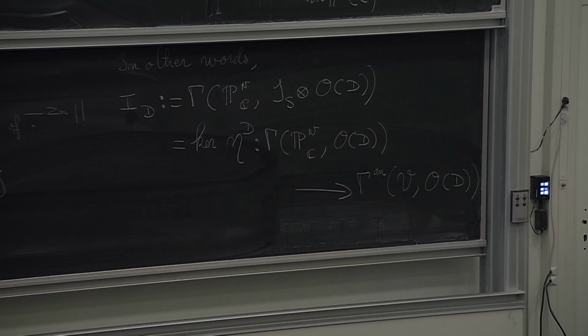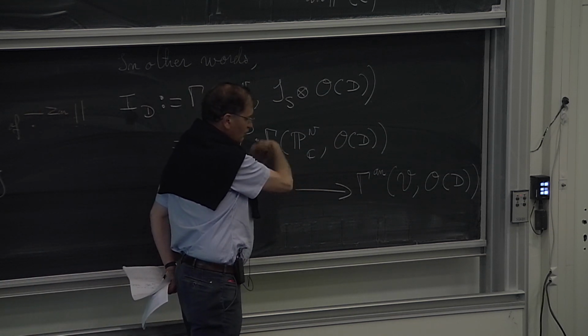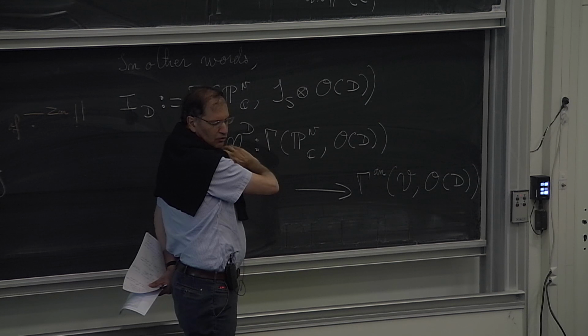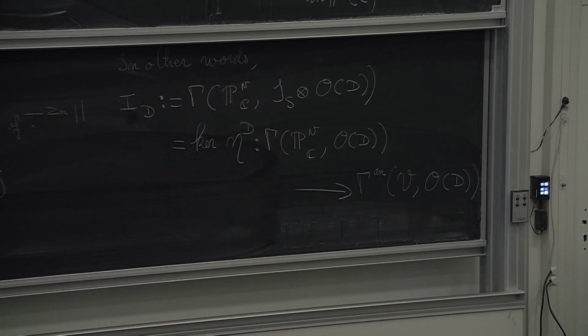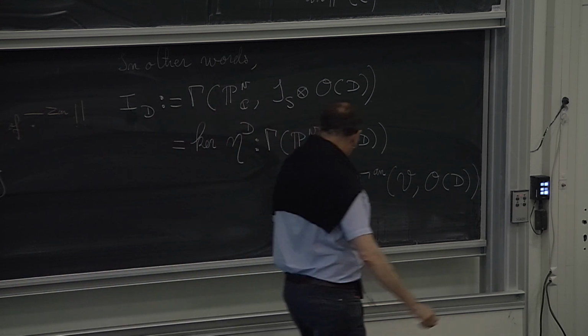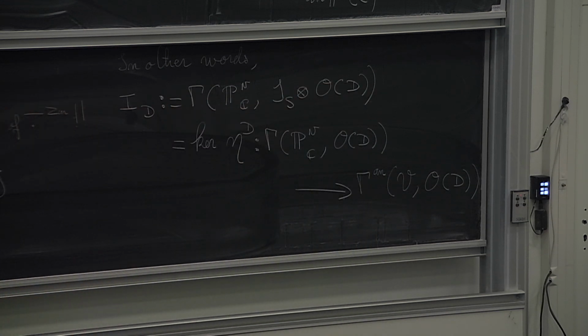Okay? So this is a geometric translation, using the notion of line bundle, of this elementary definition. So let's say already from this point of view, you see quite easily that this Zariski closure is irreducible.